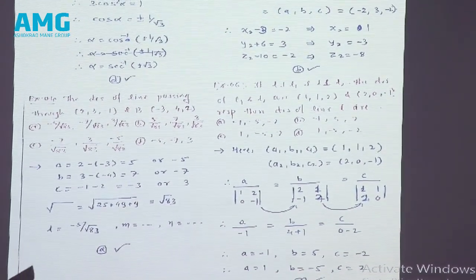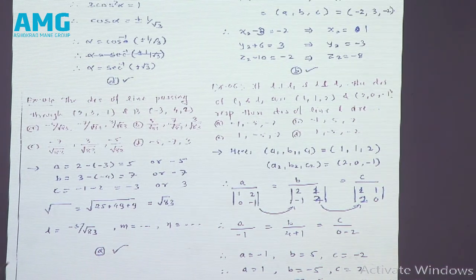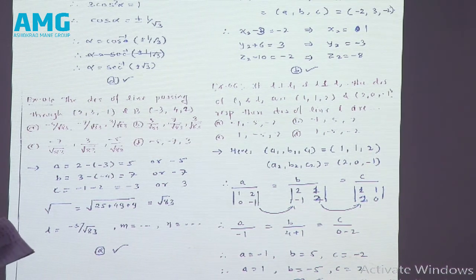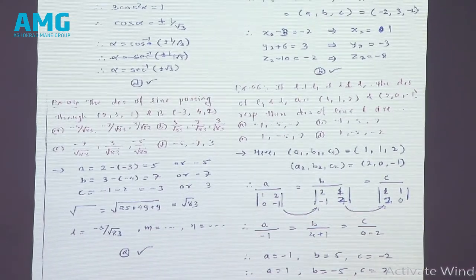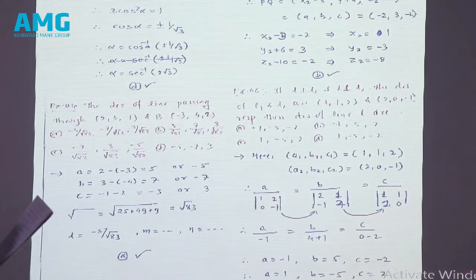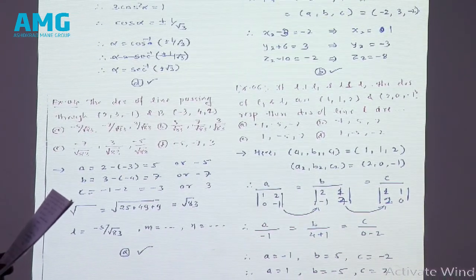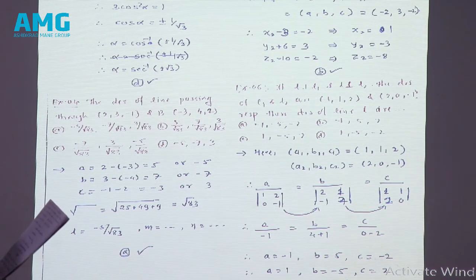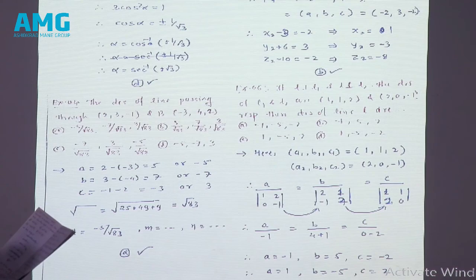Now we discuss example number 6. Read the question carefully. Given that line L is perpendicular to L1 and line L is perpendicular to L2, the DRs of L1 and L2 are given like this: 1, 1, 2 and 2, 0, minus 1 respectively, then DRs of the line L are.